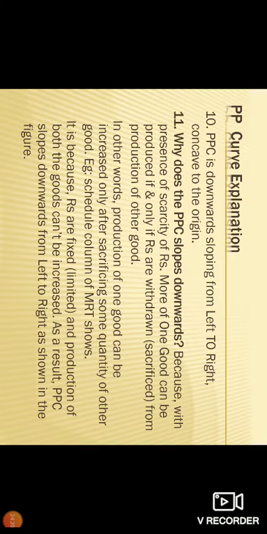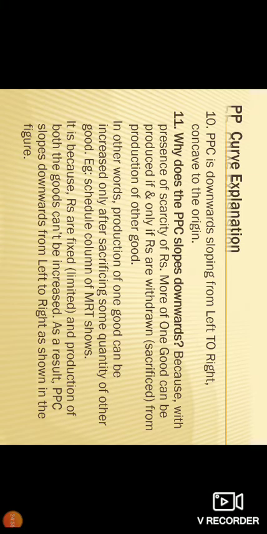Therefore, the production possibility curve slopes downwards from left to right. The answer is very simple. Why does the production possibility curve slope downwards from left to right? The answer is because there is a presence of scarcity of resources.